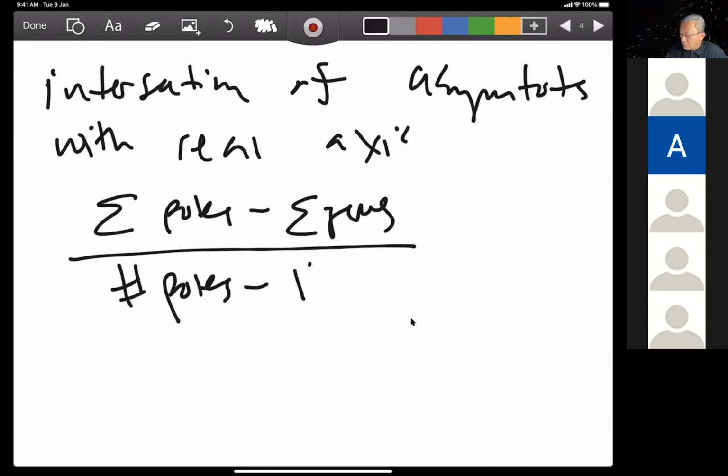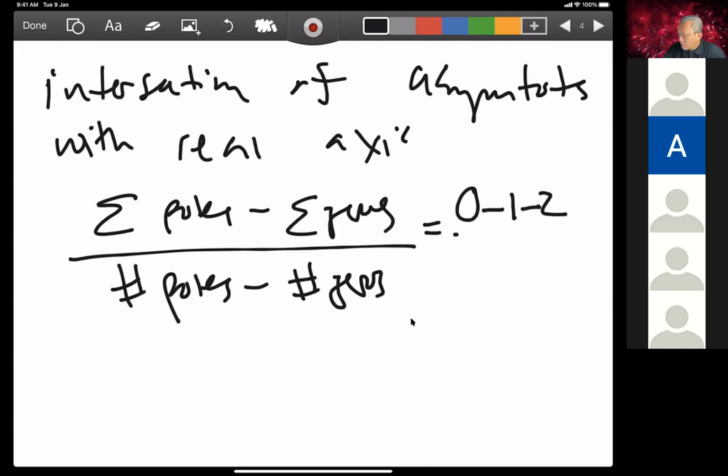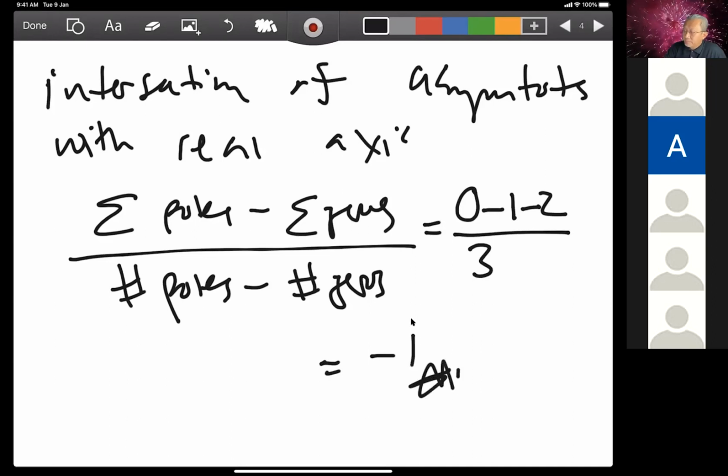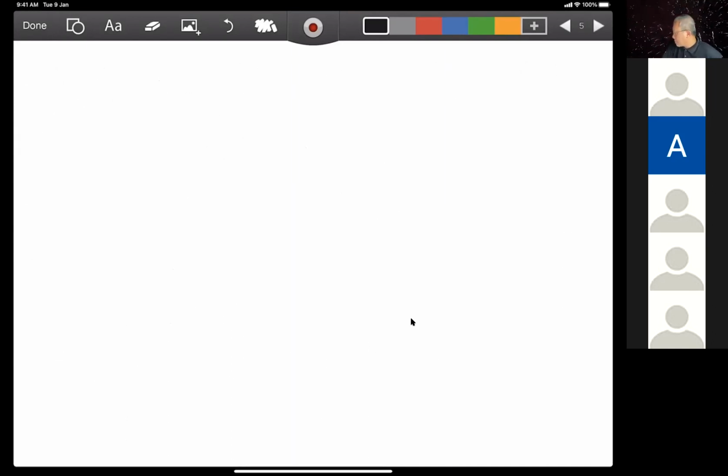Yes. So there are no zeros. The poles available are 0 plus minus 1 plus minus 2. And then the number of poles is 3, the number of zeros is 0, so it will be minus 1. Okay. Got it?